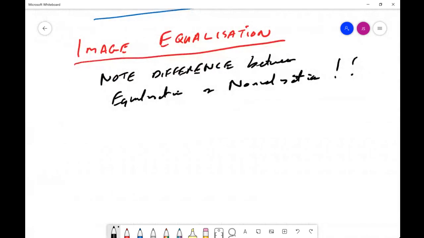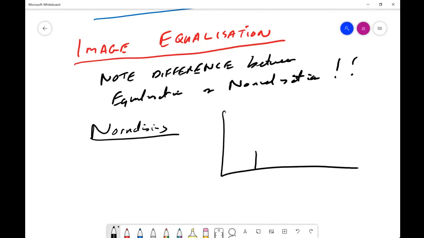Normalizing images. You take the histogram of the image, you find G min, and you find G max. And there is a series of histograms in between.